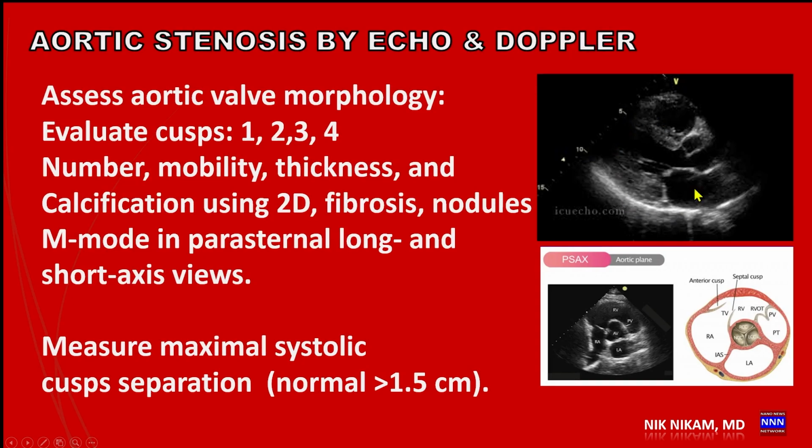Everything needs to be looked into in the context of aortic stenosis, the patient's age, and the left ventricular size, mitral calcification, thickening of the mitral leaflets, left atrial size is extremely important, the aortic root size is important, the ascending aortic size is important, the character of the leaflets, namely they are thickened, calcified, fibrotic, nodular, and the movement of the valves, whether they are unicuspid, bicuspid, tricuspid, or quadricuspid valves. Again, talking about mobility, thickness, and fibrosis, nodules, many other features.